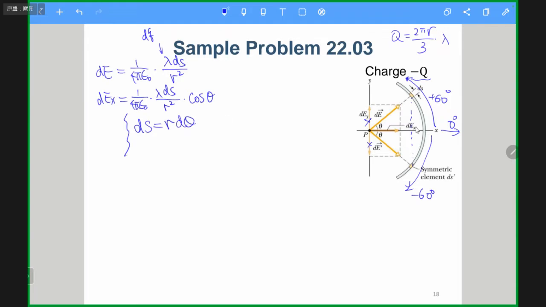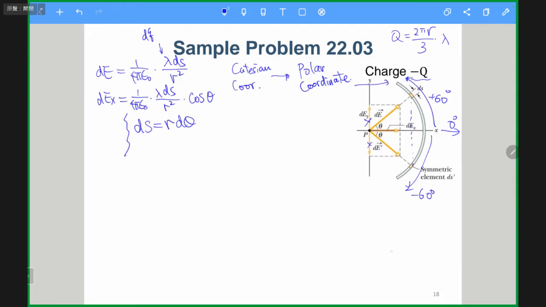This is like the polar coordinate. Usually you are familiar with the Cartesian coordinate, but here the calculation will be easier in the polar coordinate, because it is like a circle.